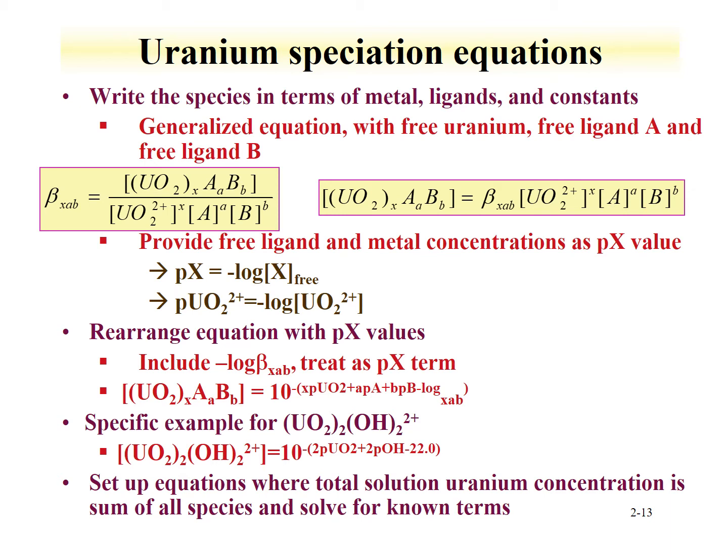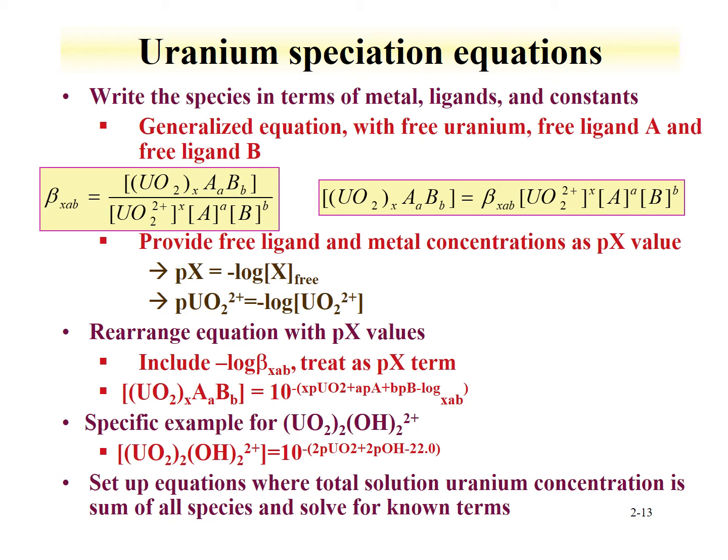An easy way to evaluate these terms is to write the free ligand and free metal concentrations as px values. Px, like pH, is just equal to minus the log of the free concentration. So for instance, p uranyl, UO2 2+, is just equal to minus the log of the UO2 2+ concentration.